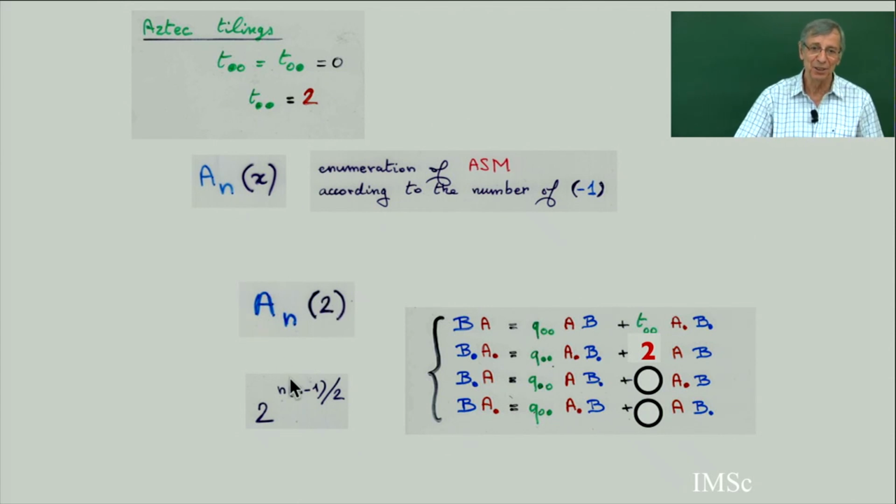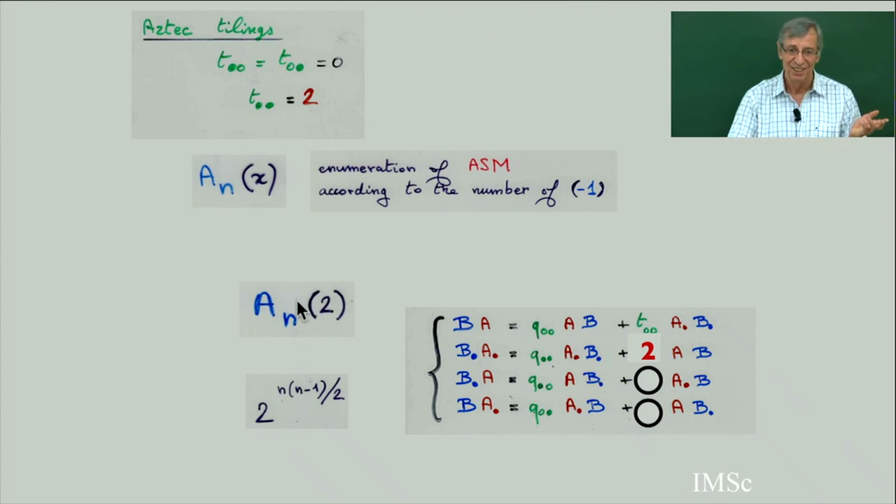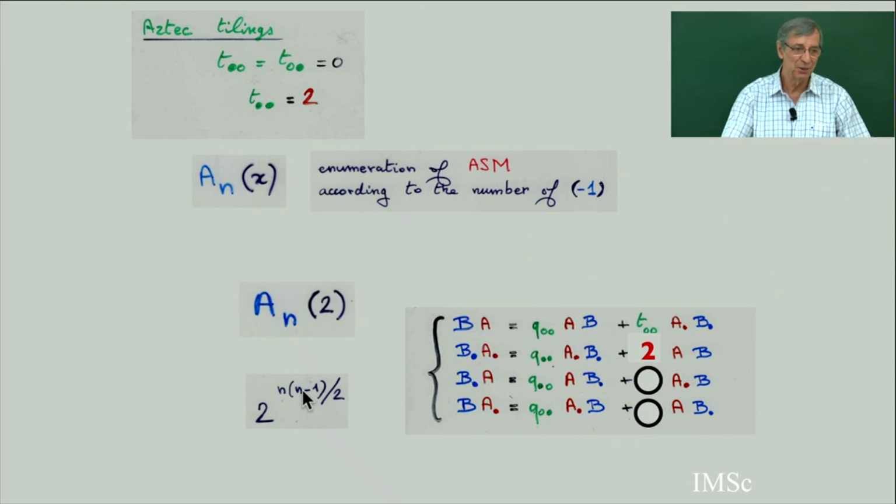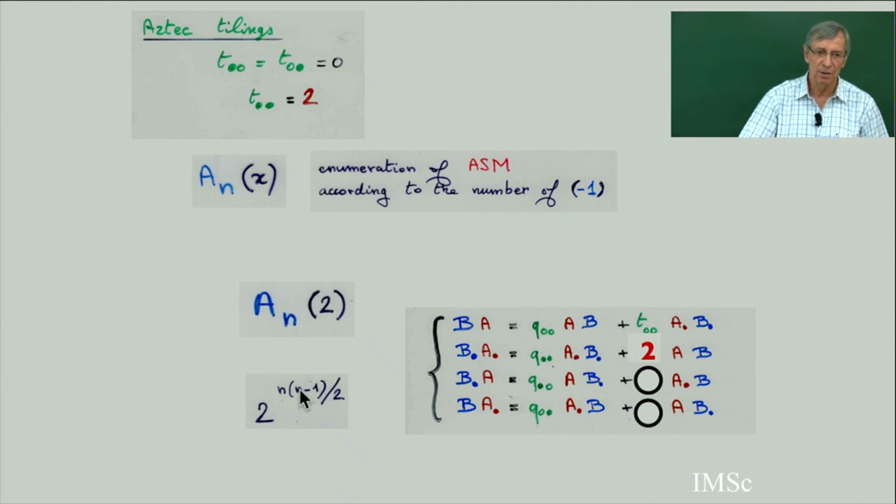I don't give any proof of this formula. It would be nice to have a direct proof using only quadratic algebra, but I just give a proof here that A_n(2) is exactly the number of Aztec tilings. Even this would give a bijection if you look carefully at the two different rewriting rules of the algebra. So this number A_n(1), the number of alternate sign matrices, is a very interesting sequence.